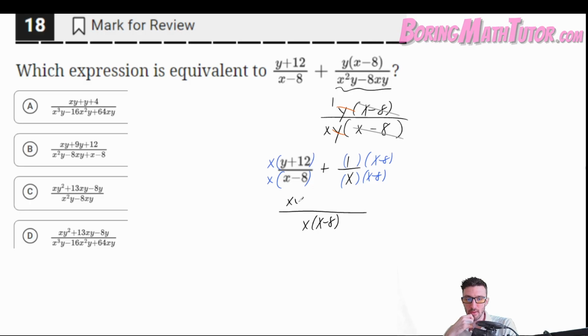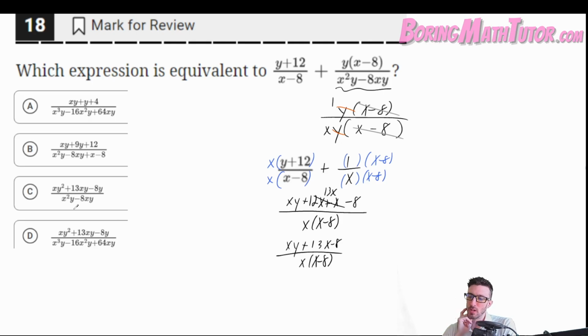Up top I'll have a xy plus 12x plus x minus 8. 12x plus x is 13x. Okay, so I'm in pretty decent shape here where I'm up to xy plus 13x minus 8 over x times x minus 8. The problem is none of my denominators are x times x minus 8.